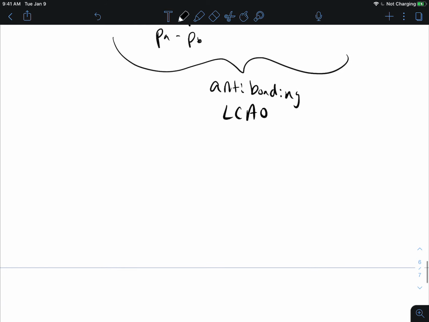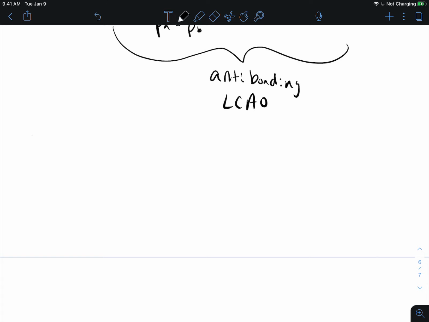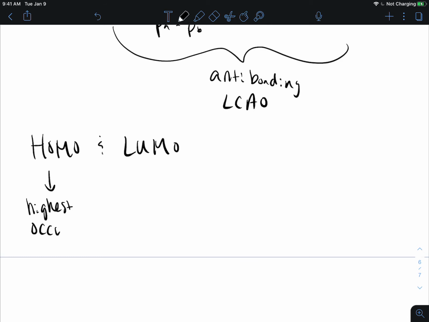Okay, next thing I want to talk about is the idea of HOMO and LUMO. HOMO is the highest occupied molecular orbital. LUMO is the lowest unoccupied molecular orbital.